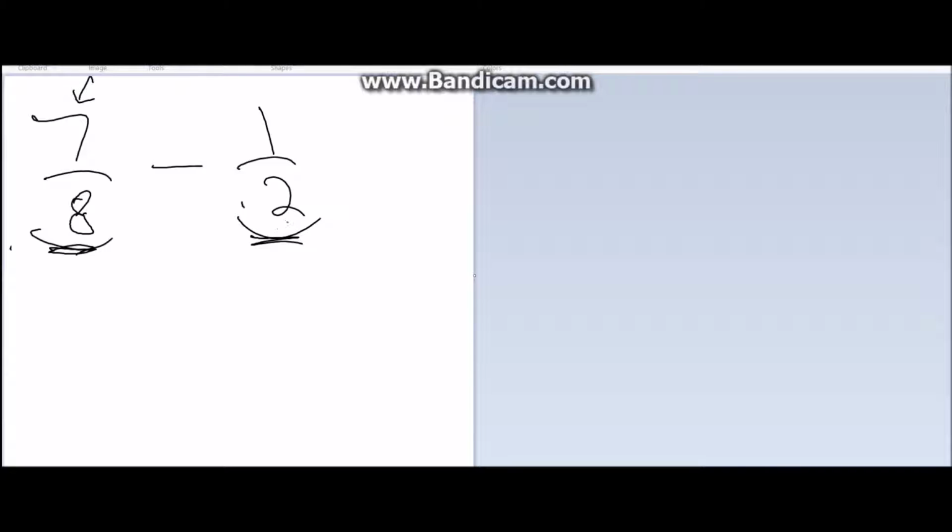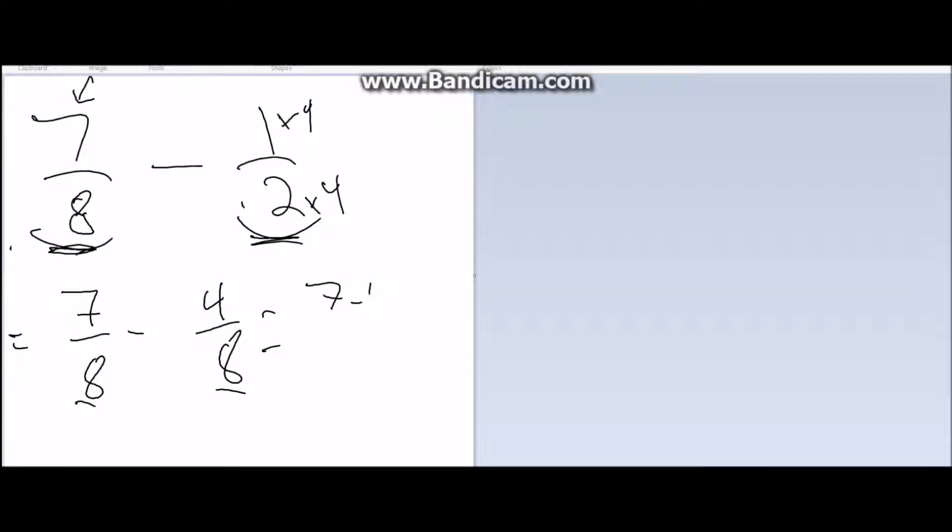What do we have to do to 2 to make it an 8? 2 times the number is equal to 8, so 2 times 4. Whatever we do to the bottom, we also do to the top. So we have a new expression: 7/8 minus 4/8. And look, we have like denominators now, so this is a super easy question. 7 minus 4 all over 8 is 3/8.